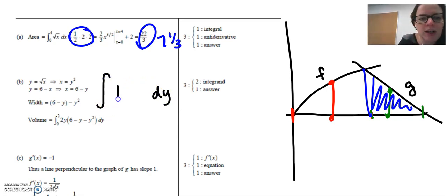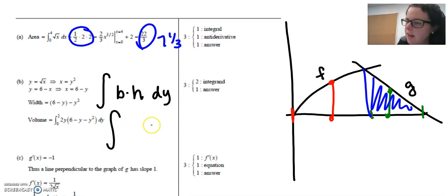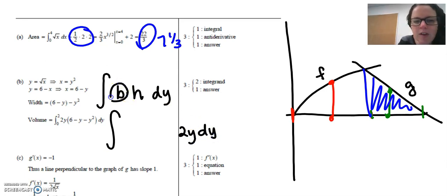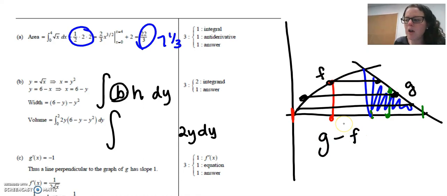Well, rectangles have an area of base times height. It tells you that the height was 2y. So your goal then is to figure out the length of the base. Well, if we're cutting this way, you're talking about g minus f, but you've got to have it solved in terms of y values.